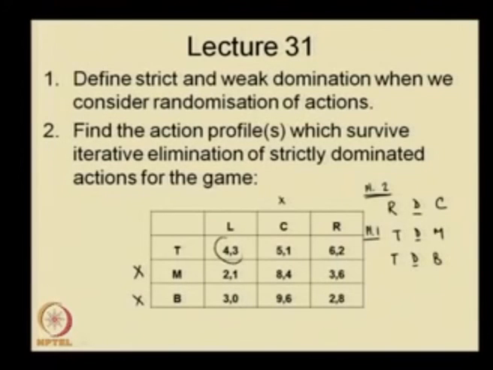So, we are left with this and this, and player 2 has to choose, and player 2 chooses this because 3 is greater than 2. L dominates R. So, the equilibrium that we have is T L. Thank you.